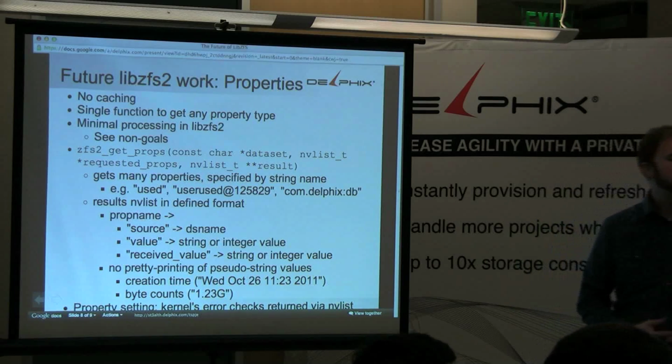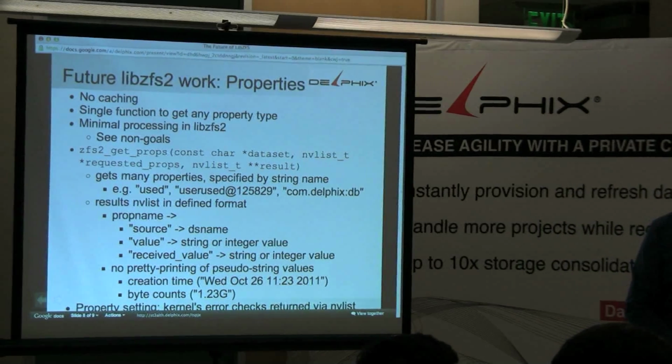I just want to volunteer that we're currently struggling with some challenges with enumerating very long lists of ZFS datasets, where we have a lot of snapshots and things like that. It would be useful to have something that is restartable at an arbitrary point, so a user interface element could say, give me the first 100, I don't care about the rest right now, I'll come back and get the rest. But then you need some sort of stable enumeration key that's independent of renames and things like that.